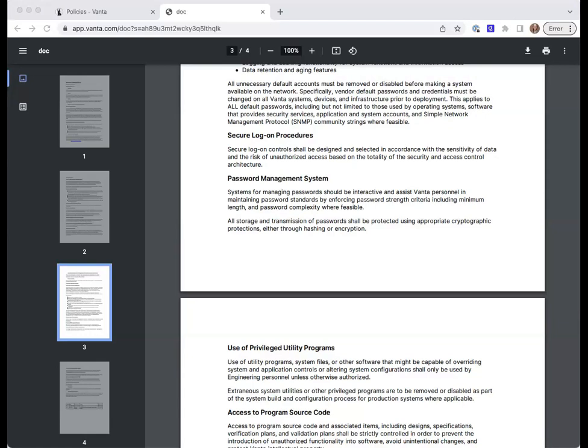Okay. Use of privileged utility programs. This is kind of old school, but there are certain programs that themselves have higher access rights, something like an antivirus program, or certain technical programs that you might use to monitor network traffic, packet sniffers, things like this.